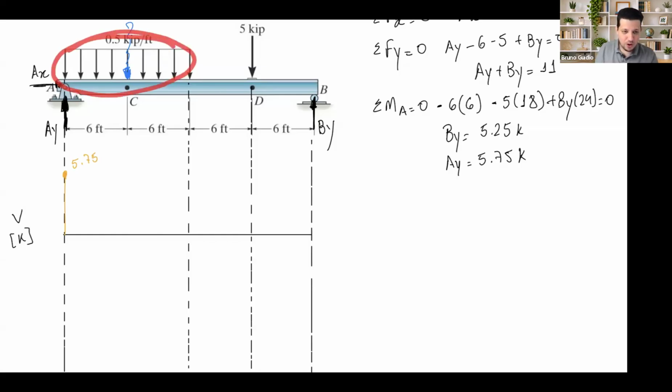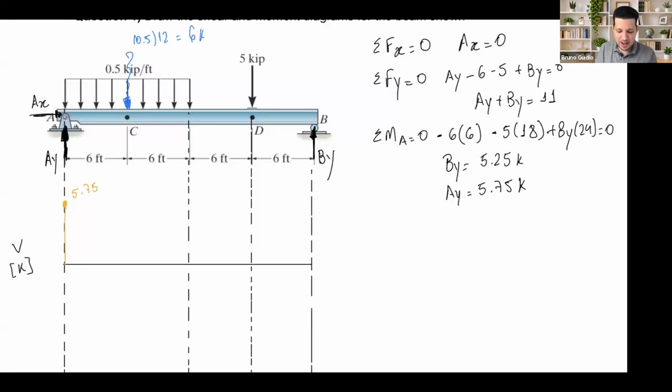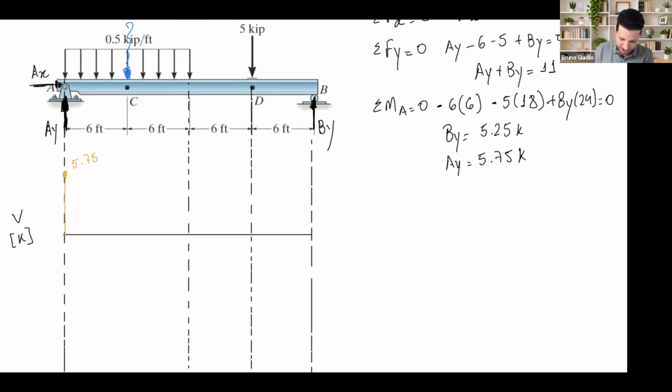If I have a distributed force, I will not go straight because this force is already acting down, already pushing me down. But it's a uniform force where I'm going to have to, at the end, go down 6. So if I'm at 575, go down 6, I'll stop at the end right here, at 0.25.